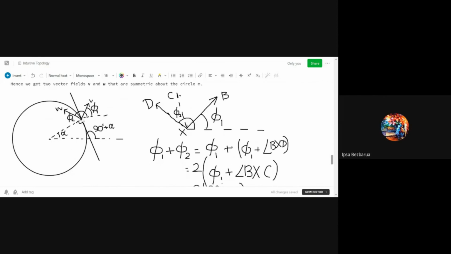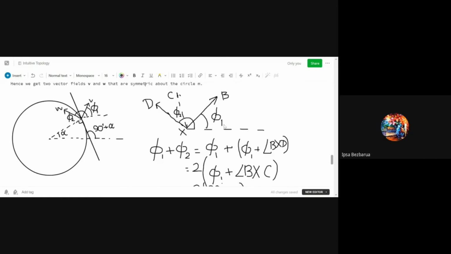This is the point about which I'm currently considering the vector fields, and this is V and this is W. This is the angle formed by V with respect to an imaginary x-axis. Let me call this phi1, and this is the angle formed by W. It's phi2.